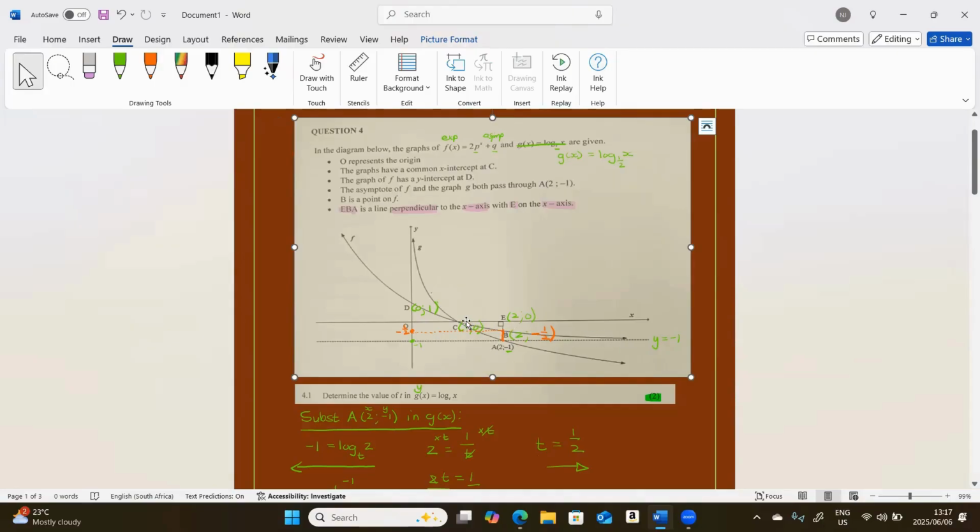It will never reach y equals negative 1 because that is the asymptote. So the very easy answer that you have to write then is you look at your asymptote and say, my exponential function can never go lower than -1. So therefore, the answer for my range is that the y values have to be greater than -1.